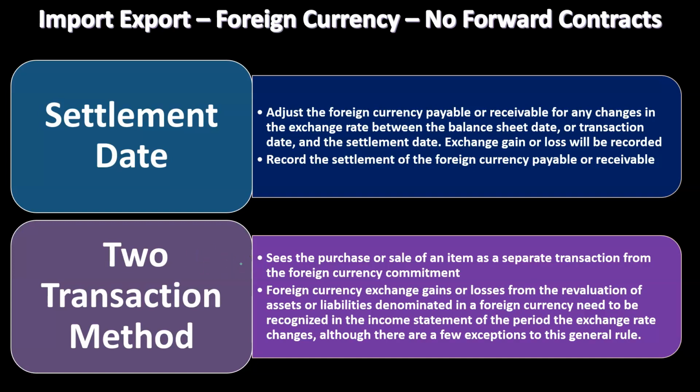Although these things are linked in reality, we're seeing them as two different things. The foreign currency exchange gains or losses from the revaluation of assets or liabilities denominated in foreign currency need to be recognized in the income statement of the period the exchange rate changes, although there are a few exceptions to this general rule.